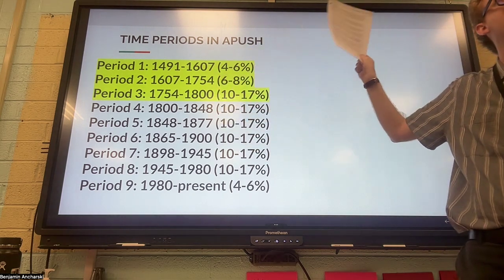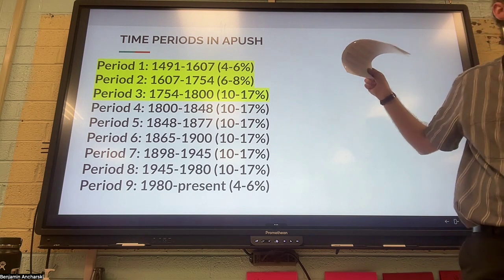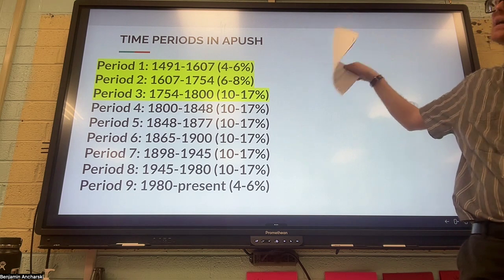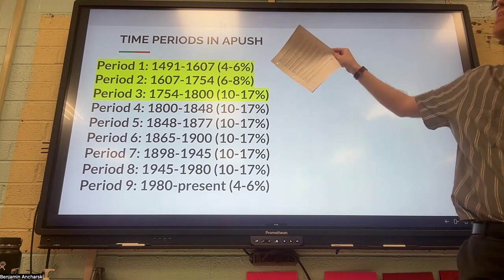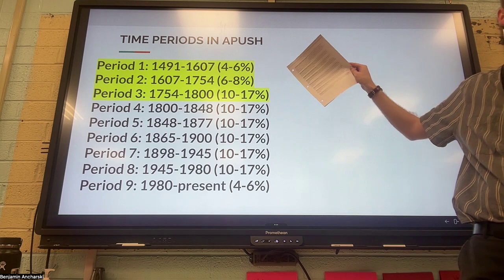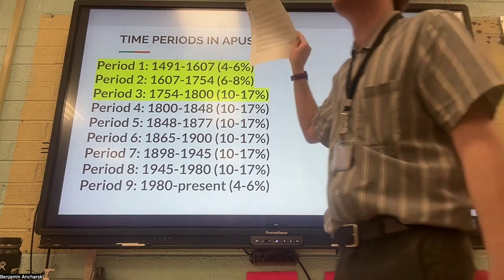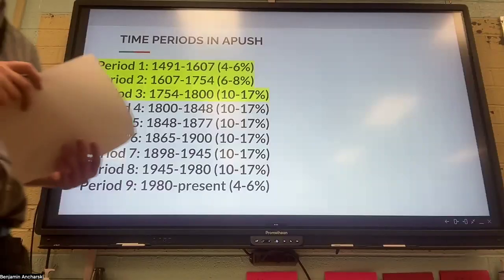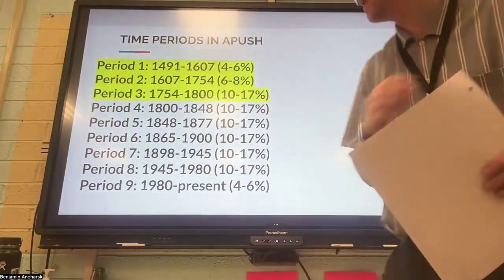This is prime area, though, for an LEQ or an SAQ. Last year, there was an SAQ from period 1, and there was an LEQ from period 2, actually. So these periods do matter for the AP, but they serve mostly as historical context, which is a big skill on the AP, especially for FRQ writing.